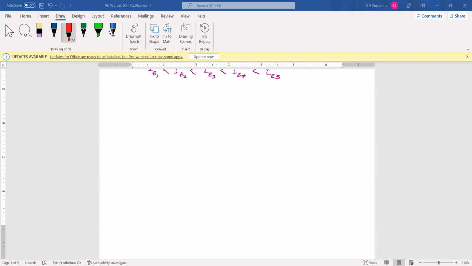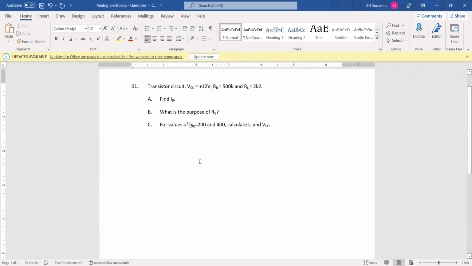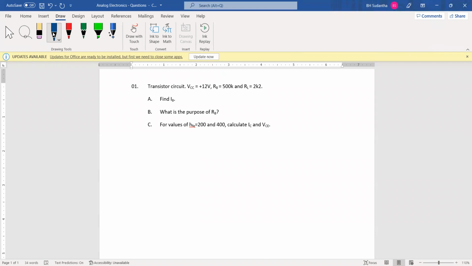Okay. Now we can try this question. Here we have a transistor circuit, something like this.